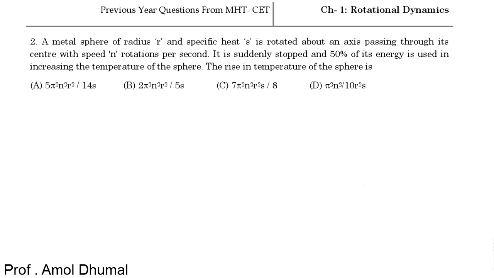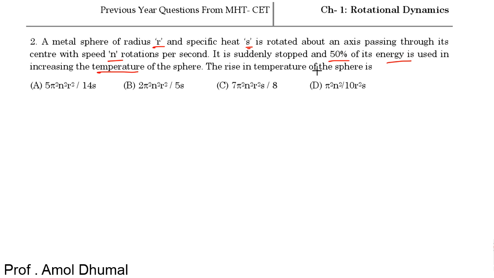So next question. A metal sphere of radius r and specific heat S is rotated about an axis passing through its center with speed n rotations per second. So n rotations per second is the angular speed. It is suddenly stopped and 50% of its energy is used in increasing the temperature of the sphere.